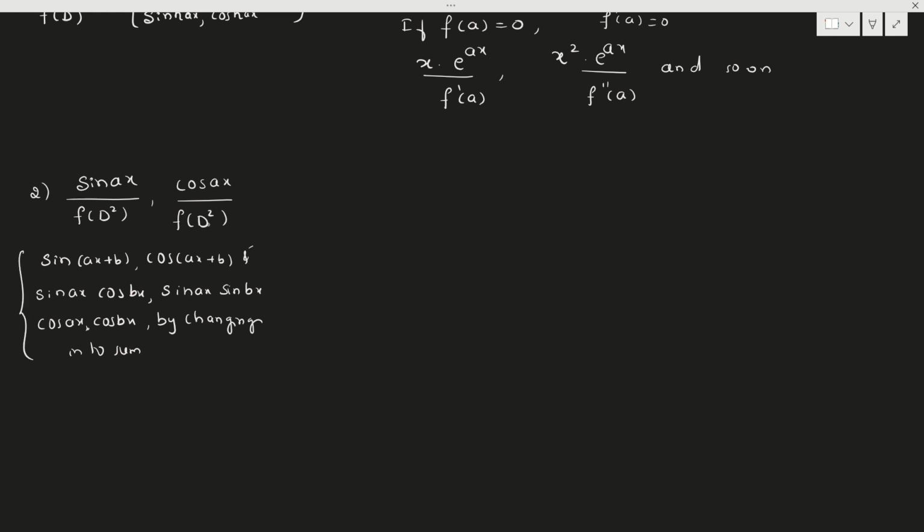You may have all these forms in the numerator. In such cases, what will be the particular integral?